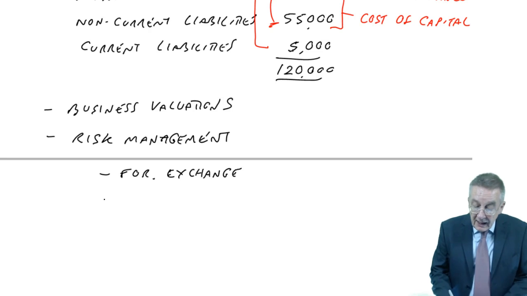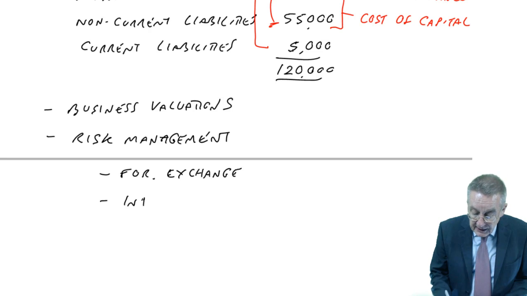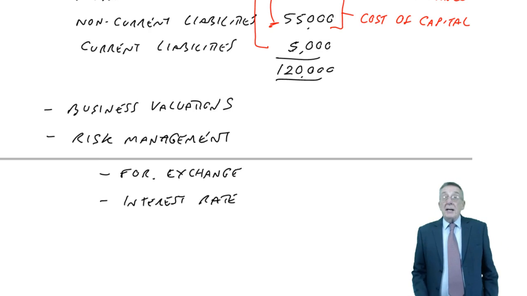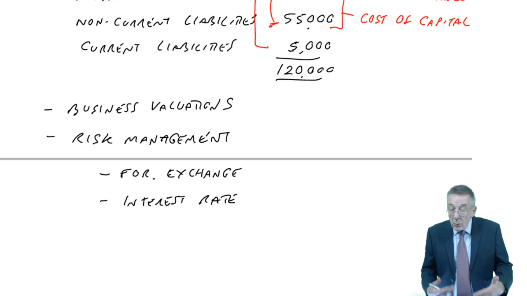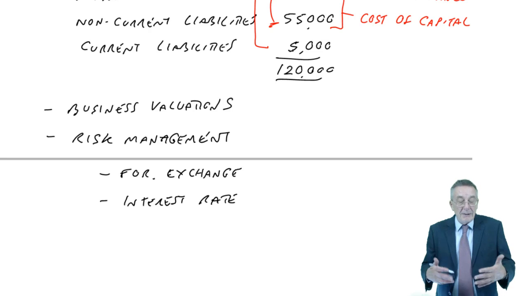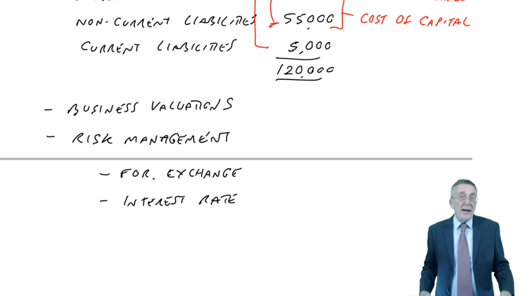The other one, though, is interest rate risk management, where you can't be asked calculations in paper F9, but you are expected to know what it is and to be able to discuss ways of getting around it.